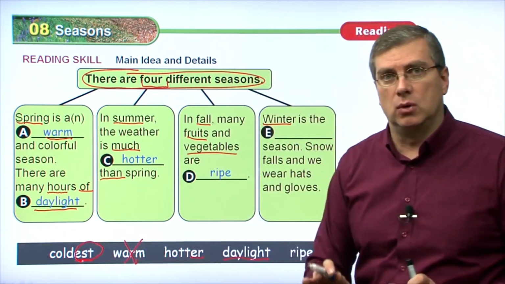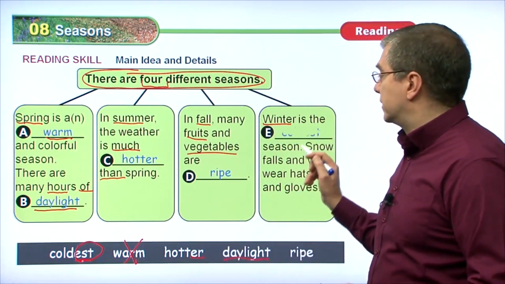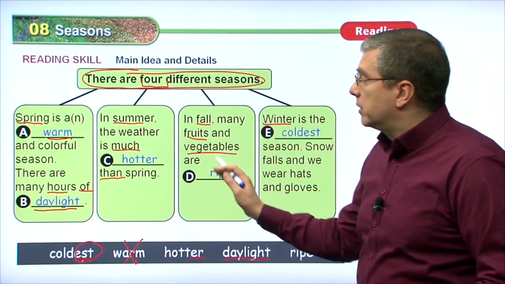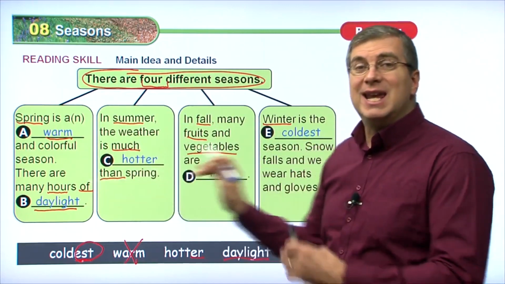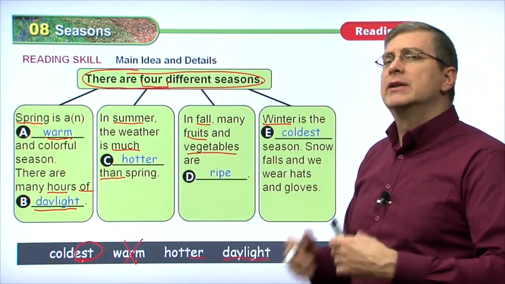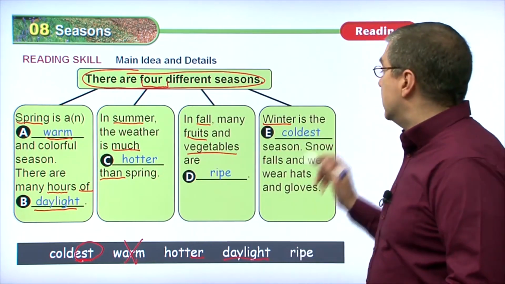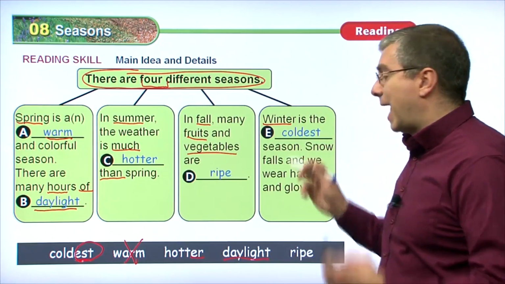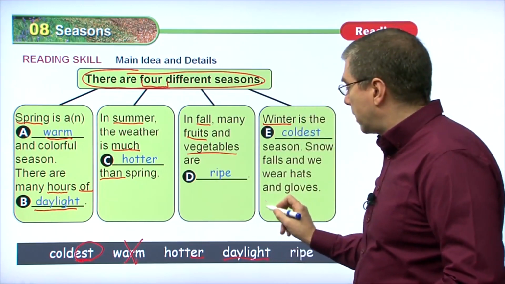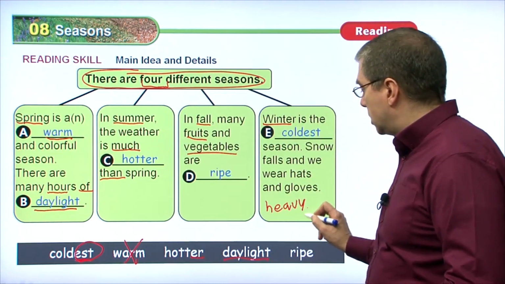We don't say most cold. We say coldest. Winter is the coldest season, right? It is colder than fall, summer, and spring. It is the most cold. It is the coldest. Don't say most cold. Say coldest. Winter is the coldest season. Snow falls, and we wear hats and gloves. So again, we're wearing our heavy clothes.